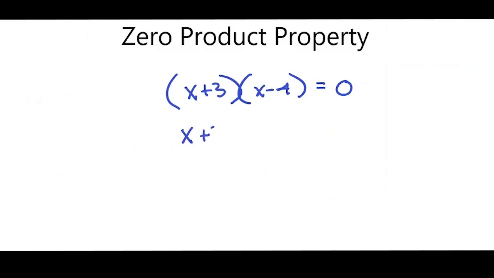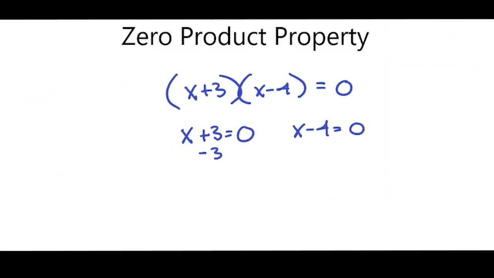So here's another set of parentheses. If I have (x plus 3) times (x minus 4) equals 0. Remember, the zero product property is going to tell us that we need to set each parenthesis equal to 0. So I have x plus 3 equals 0 and x minus 4 equals 0. Well, we're going to solve for x in each one.